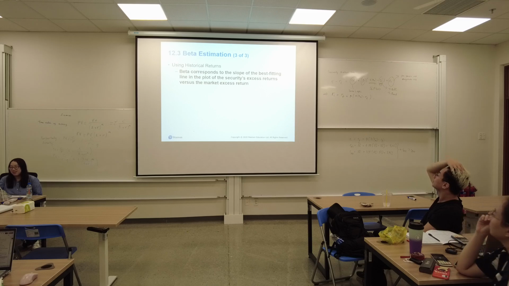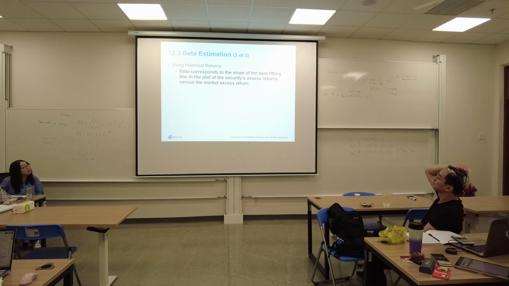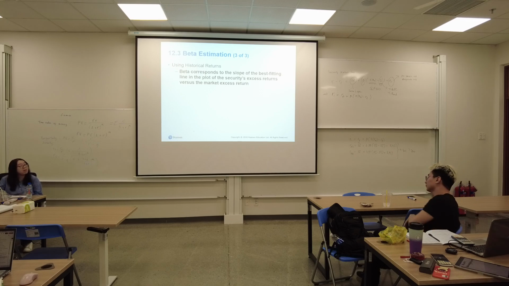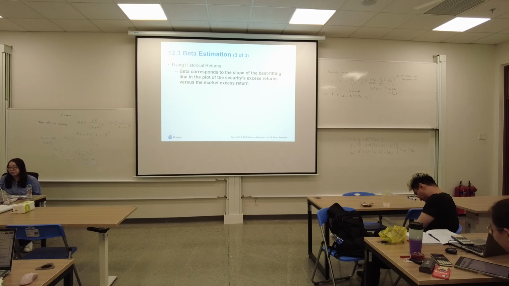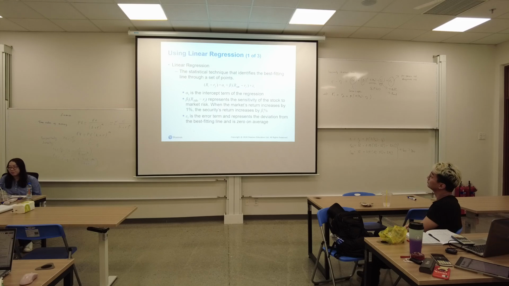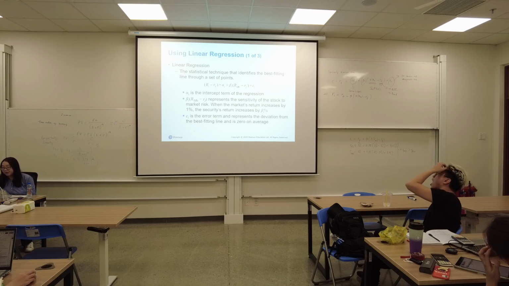So here it's still about the historical return, it's about the beta. Beta is basically the slope of the best fitted line in the plot of the security excess return versus the market excess return. It's all about the linear regression, the security market line we have discussed prior.